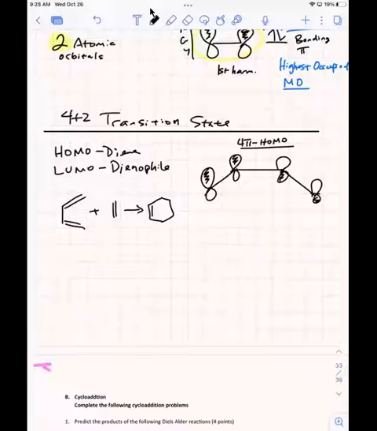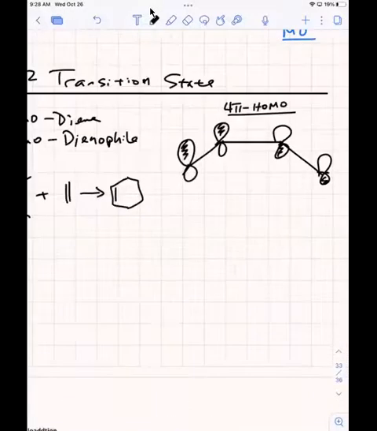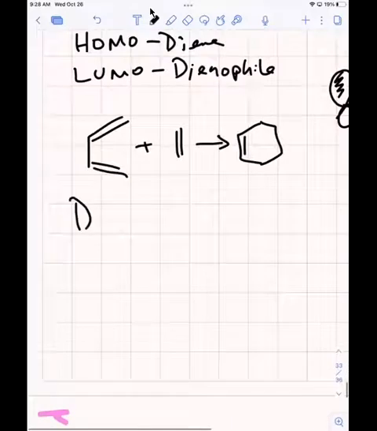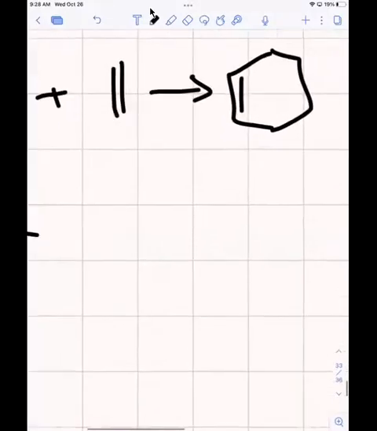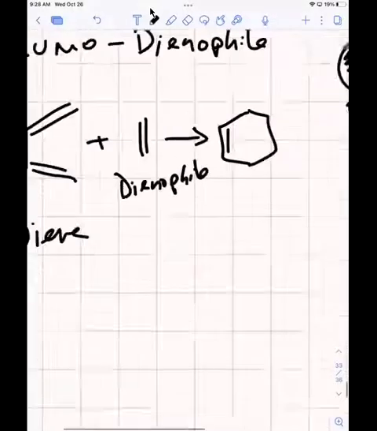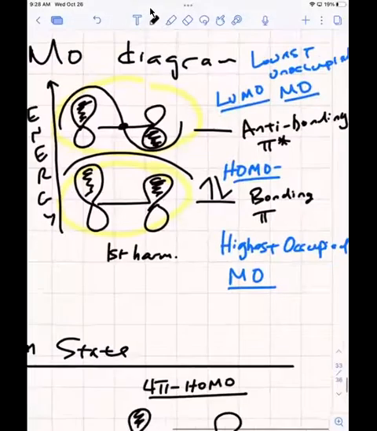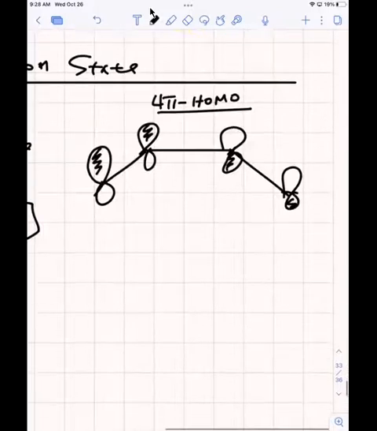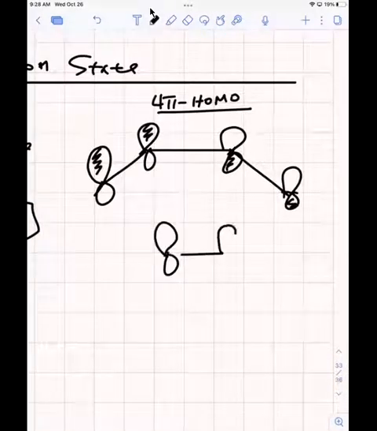All right, so here's my diene. And then this is my dienophile. And remember up here, this was the LUMO. So I'm gonna put the LUMO down here. And this is how these two interact.